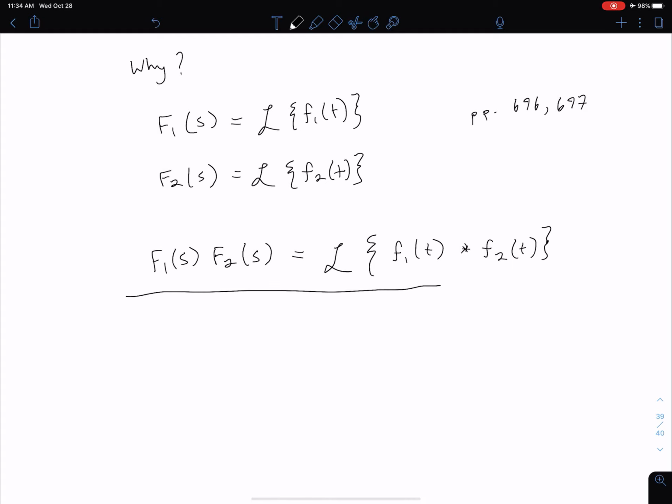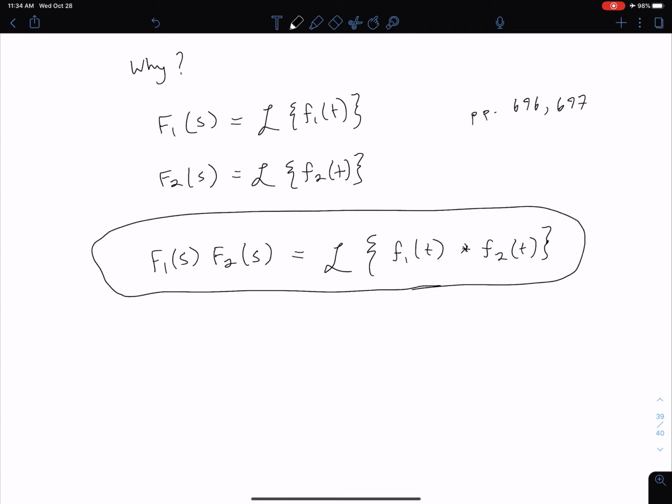And so what this means is that convolution in our time domain corresponds to multiplication in our frequency domain. So convolution in time corresponds to multiplication in frequency.